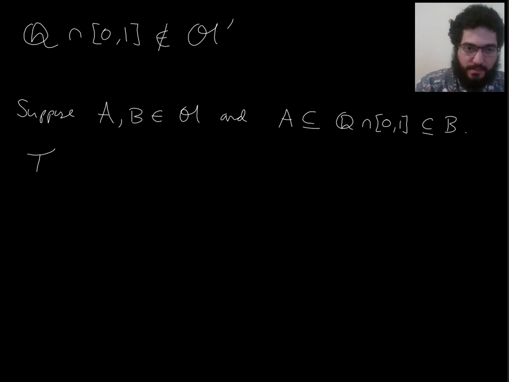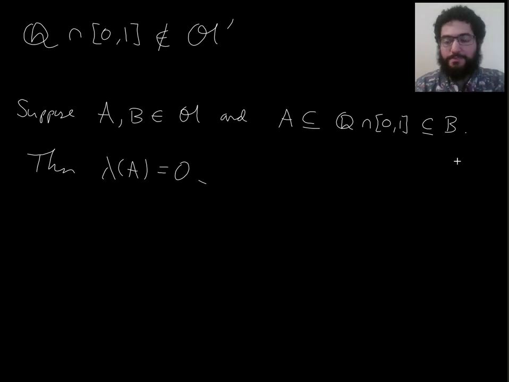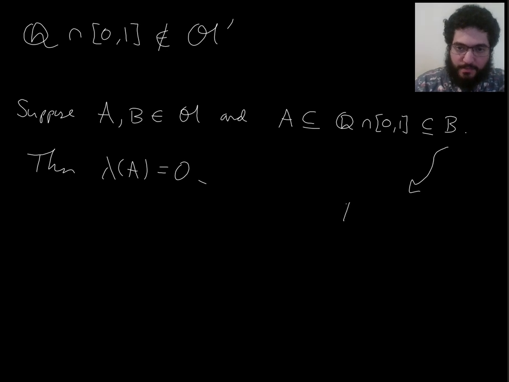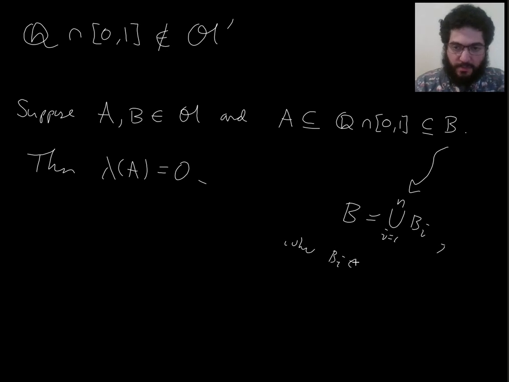So the Jordan measure of A is 0. And what about B? Let's think about writing B. Here, B is in here. It's an elementary set, so it's a finite union of intervals, like that, where the B_i are coming from here.